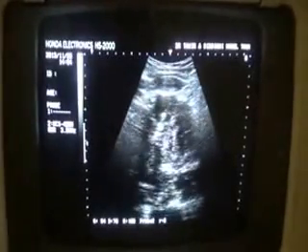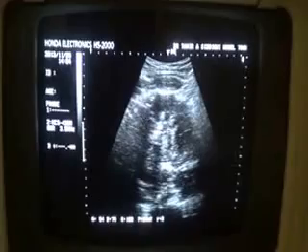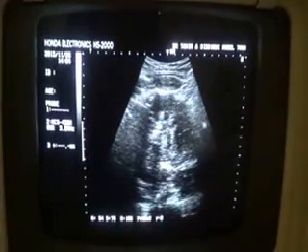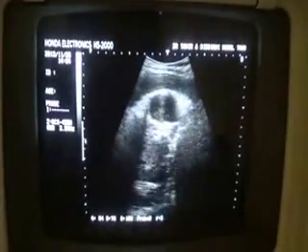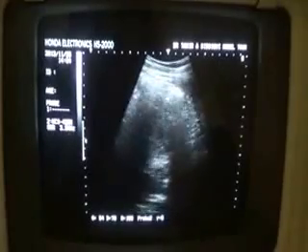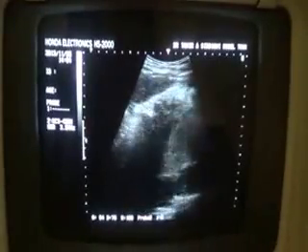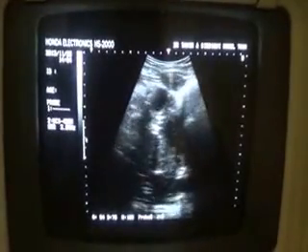Its outer surface is seen. This is the outer surface. It's a well demarcated mass, and it does not give any mass effect on any other part.